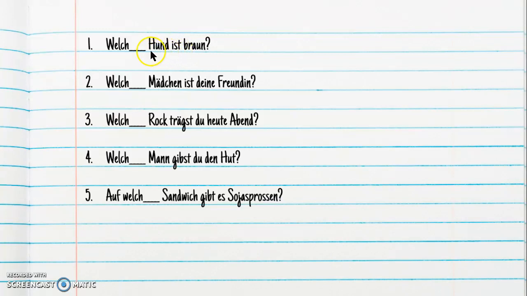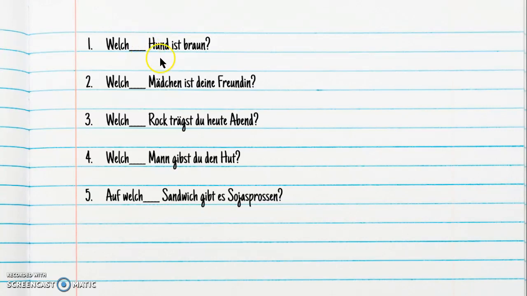That would be the dog, so Hund, which makes this the subject. And when that's the subject, we know that this has to match that case. And now we need to also match the gender. So if we're using the subject case or the nominative case, and this gender is masculine, we should know that the ending that goes on there is an er ending. Welcher Hund ist braun? Okay.